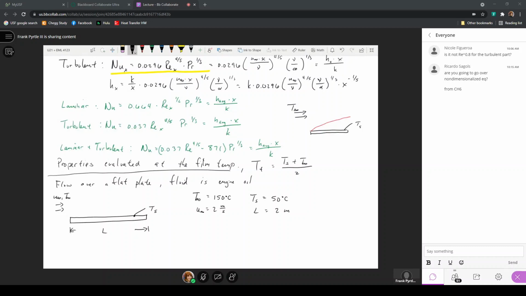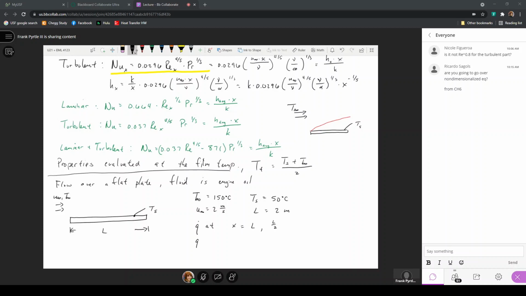We want to determine, well, what are the heat fluxes? What is the heat flux at x equals L? x equals L over 2? And when we say the heat flux at a position, that is a local heat flux.